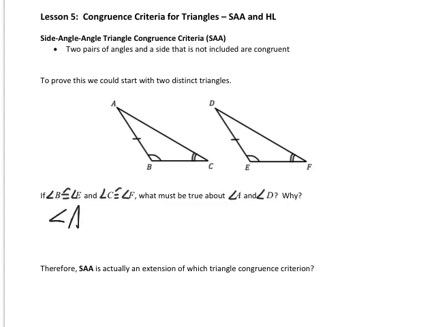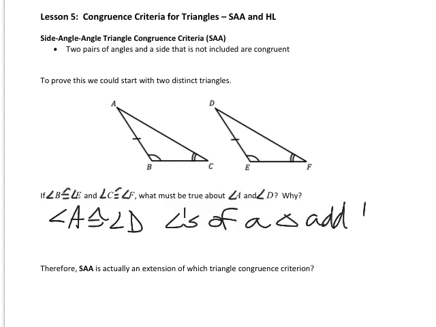Angle A has to be congruent with angle D, because if the other two are equal to each other and the angles of a triangle add up to 180, then the last pair has to match as well. So the angles of a triangle add to 180. So if you have two pairs already, the last pair have to be congruent.